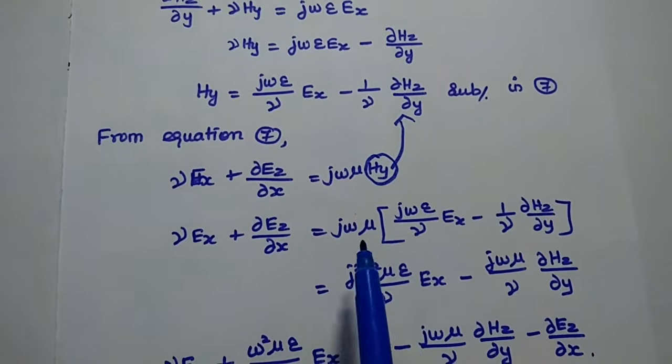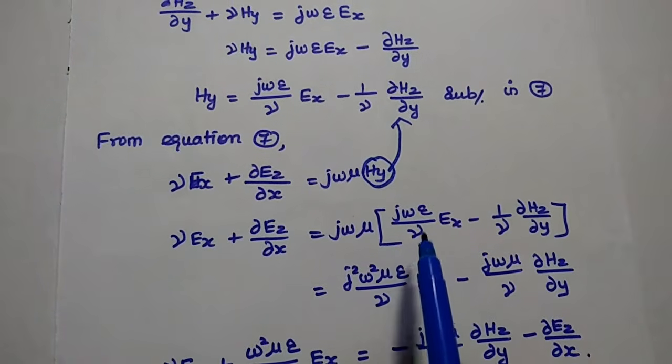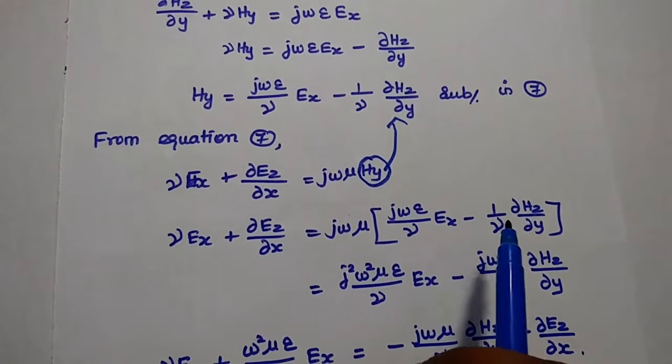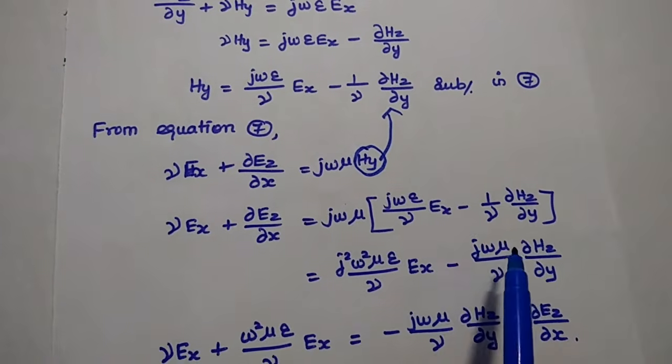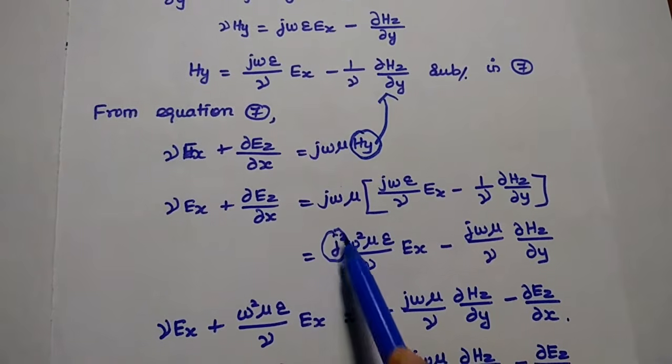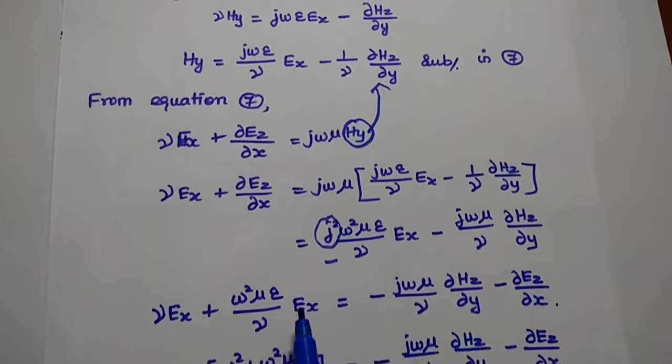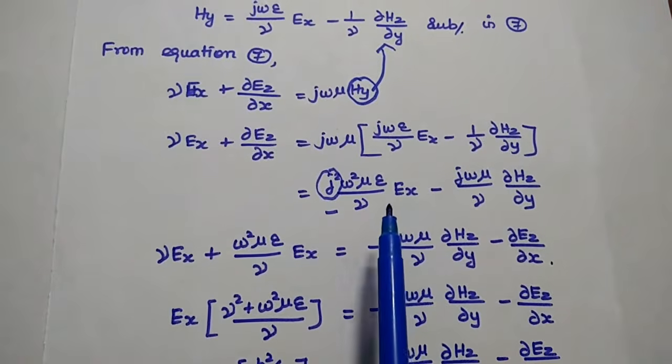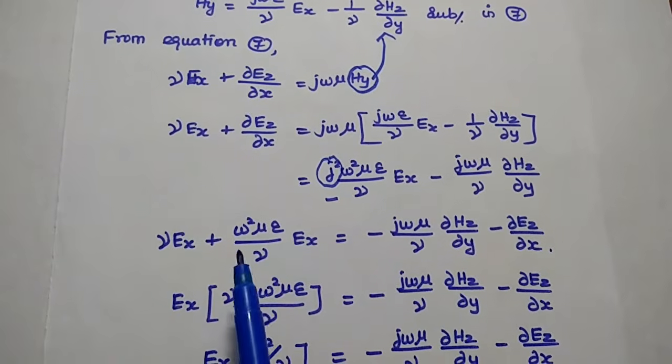Then we get j omega mu into j omega epsilon by gamma Ex minus 1 by gamma dou Hz by dou y. Multiplying inside, we get this value. Here j squared is nothing but minus. In the next step, we move this Ex term to the left hand side as a plus.